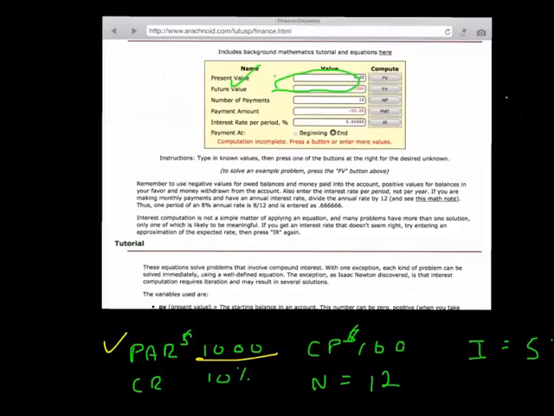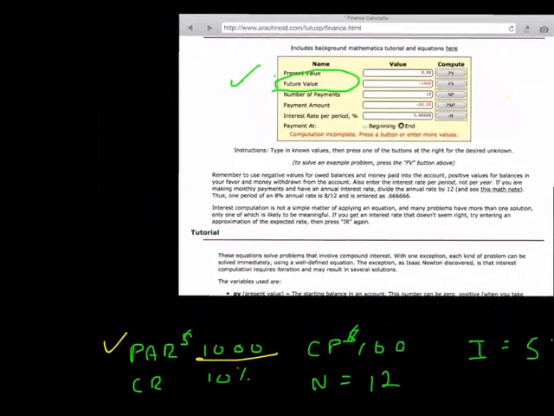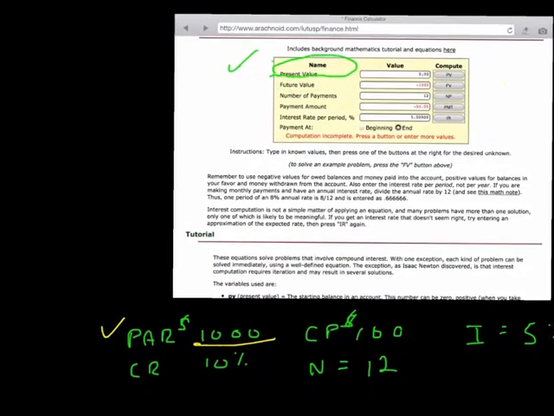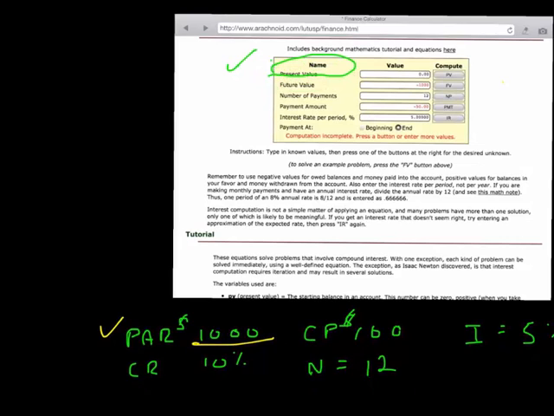We had our par value of 1,000, which goes into the future value, written as a negative. Number of payments, 12. Payment amount is, oh, I messed that up. Remember, it was 100.